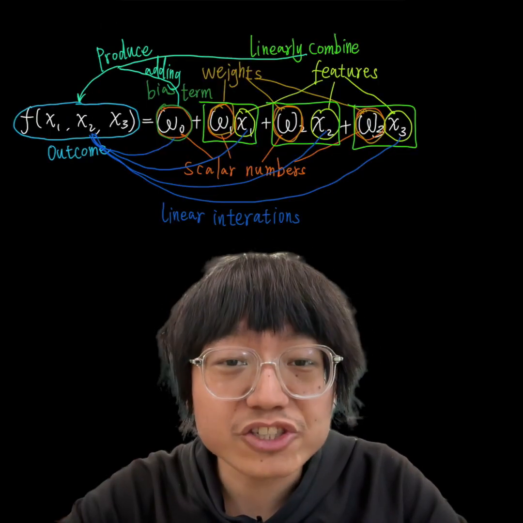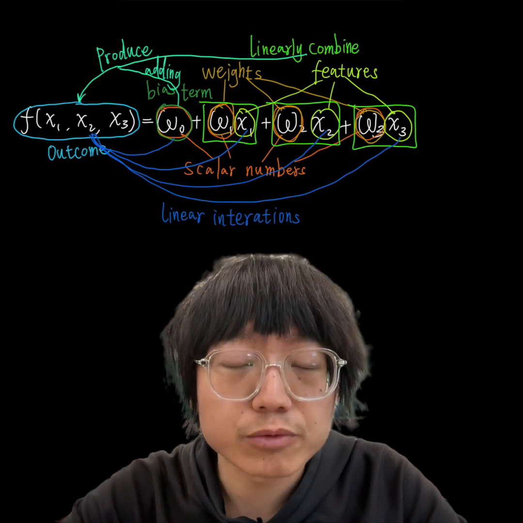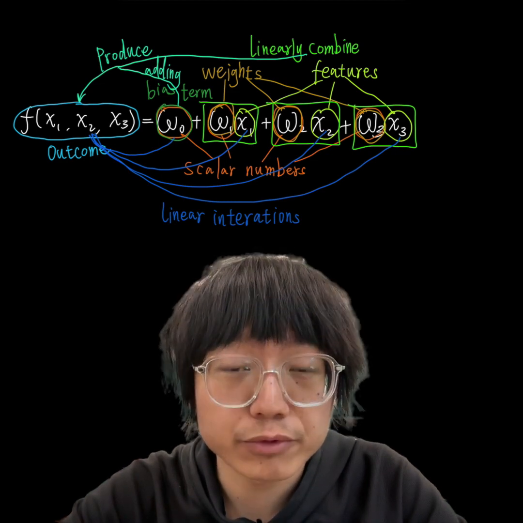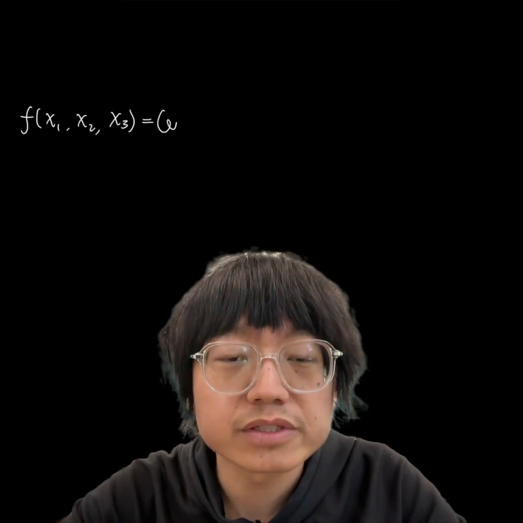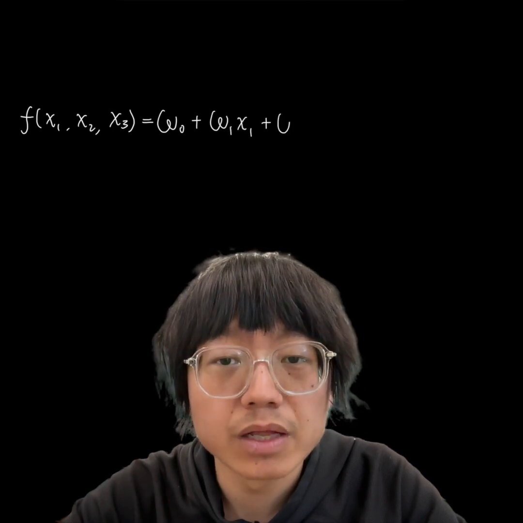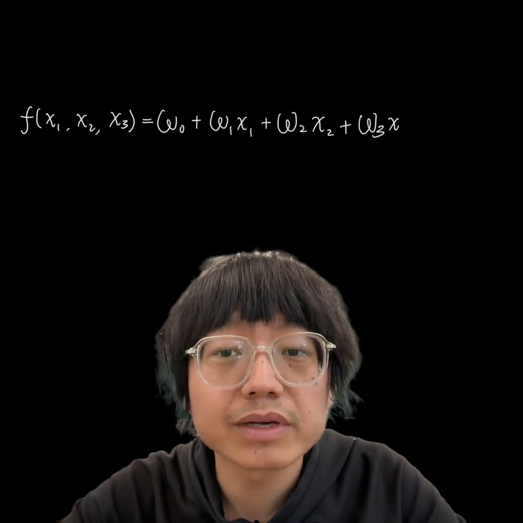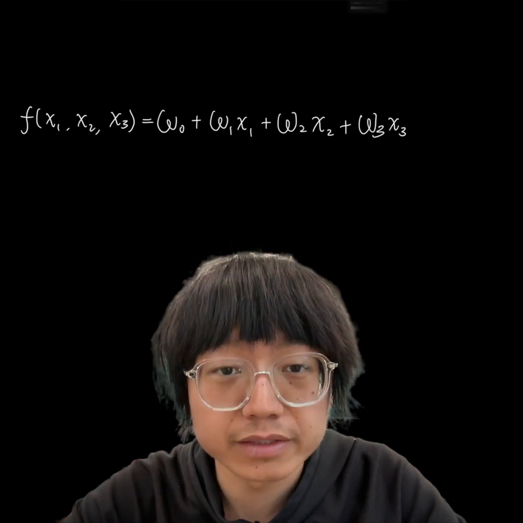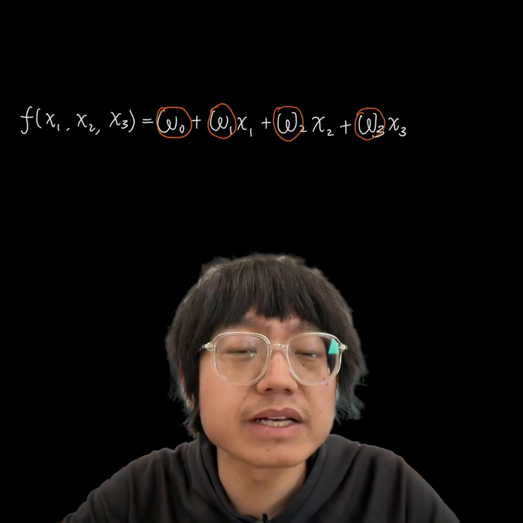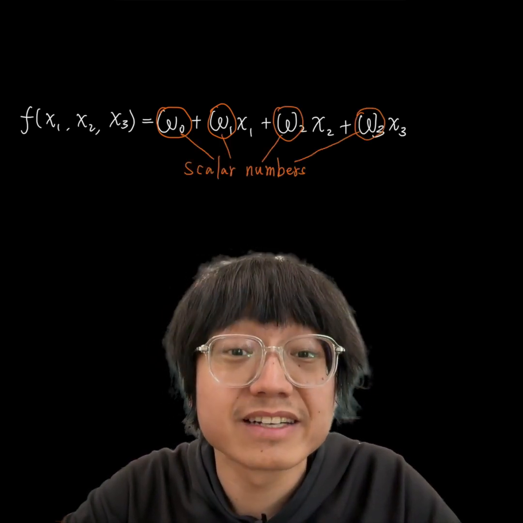Let's talk about a function that depends linearly on three features, x sub 1, x sub 2, and x sub 3. It can be written as f of x sub 1, x sub 2, x sub 3 equals omega sub 0 plus omega sub 1 times x sub 1 plus omega sub 2 times x sub 2 plus omega sub 3 times x sub 3, where the parameters omega sub 0, omega sub 1, omega sub 2, and omega sub 3 are scalar numbers.